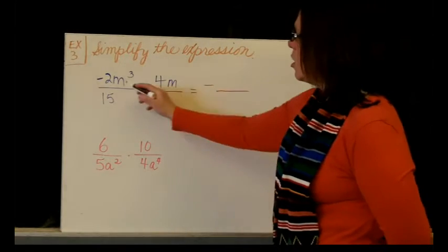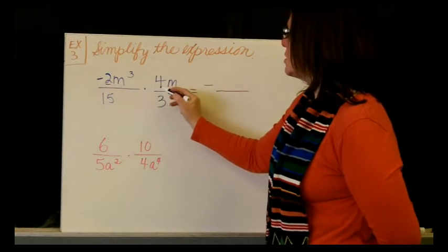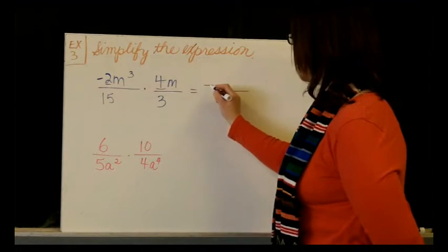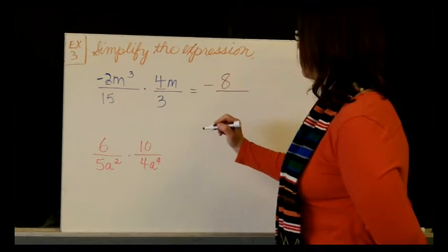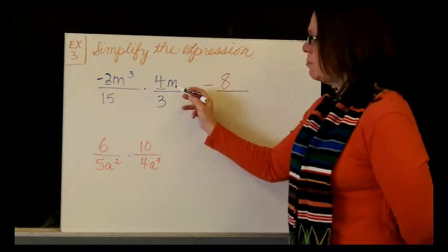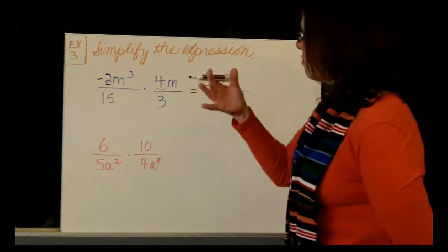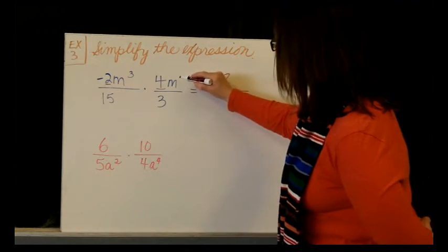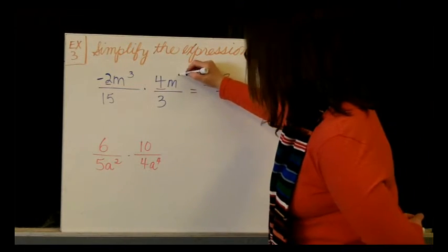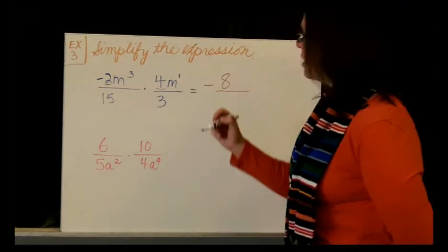And just to harken back to when we were first learning about multiplying variable terms and exponents, we deal with the coefficients separately. So we have a negative 2 times a 4, which gives us a negative 8. And then we have an m to the 3rd power times m. Now remember, and I know some of you were forgetting this, when there is no exponent there, we assume that it's a 1.